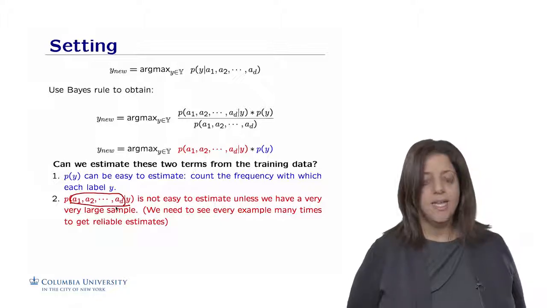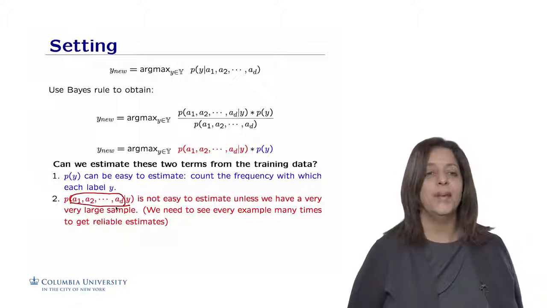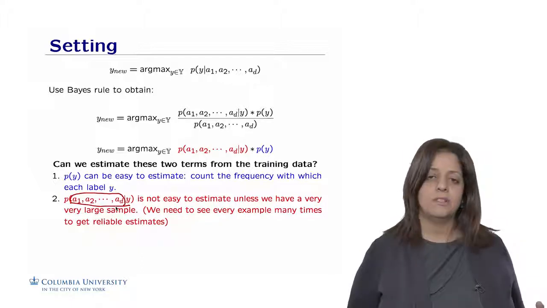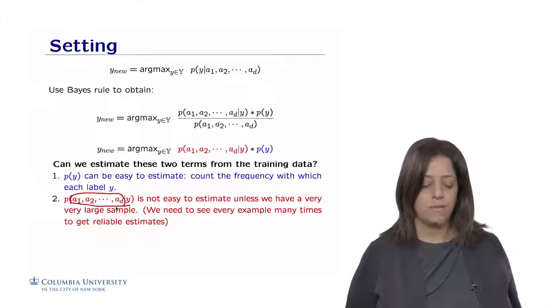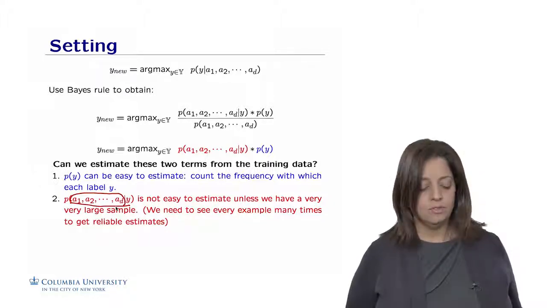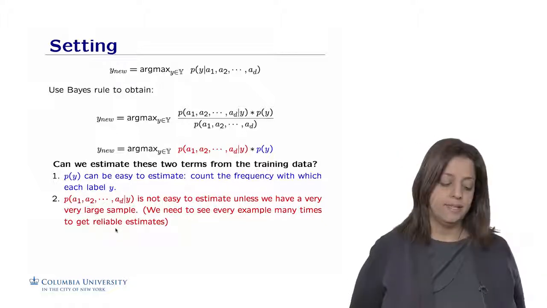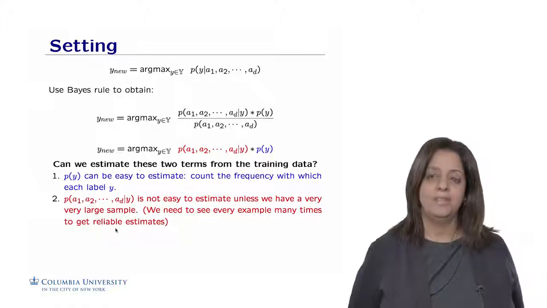So this is hard, and that's where the term naive comes in: we need to make some assumption, and the assumption happens to be naive because we are going to assume that A1, A2, AD are independent given Y. So we are going to estimate the probability of data given the label Y by making some simplifying assumption.